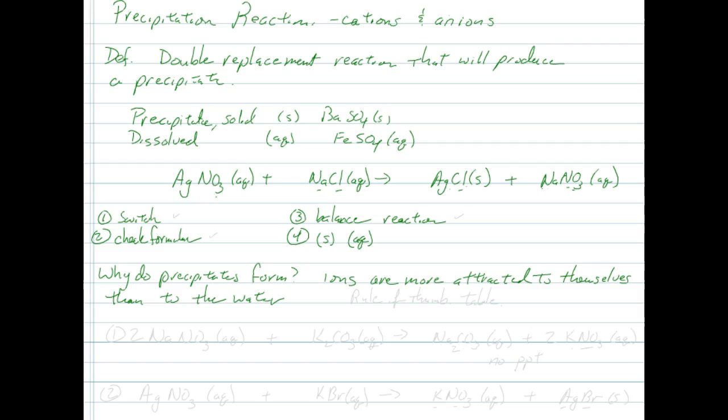And as a general rule, to figure out which ones do form a precipitate or which ones are aqueous is the rule of thumb table, which I'll talk to you about in class.